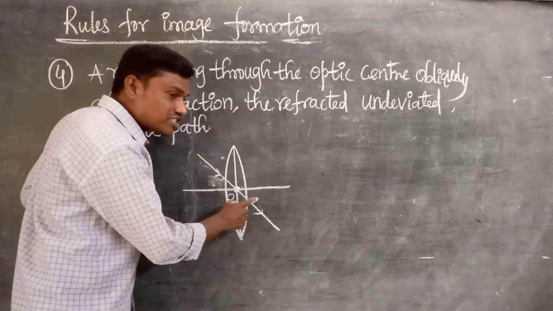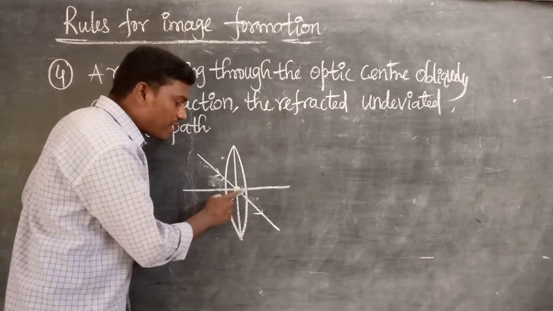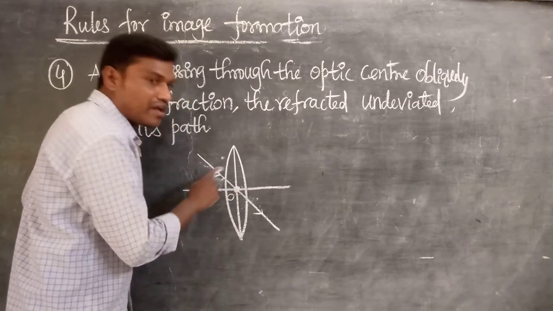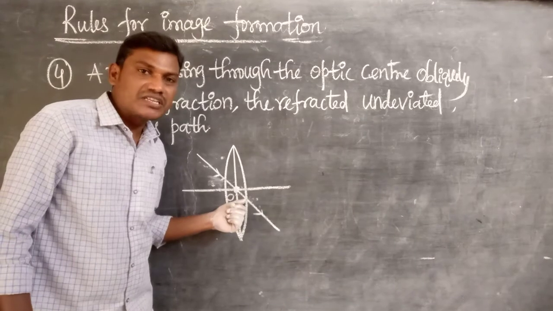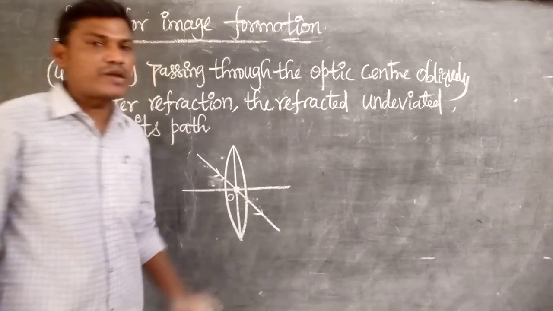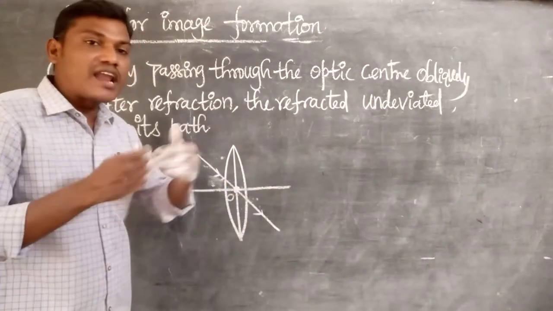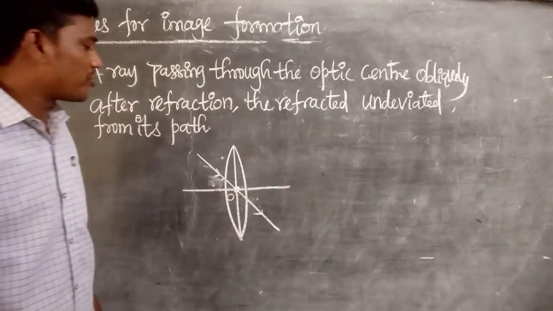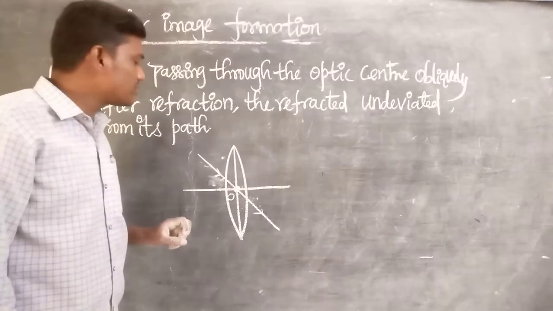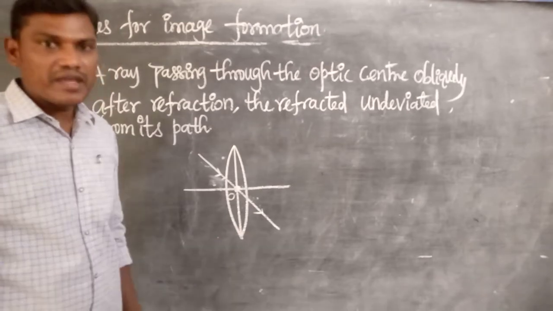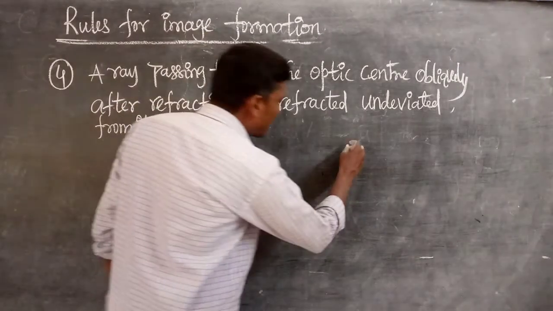But the deviation produced by the lens when it is passing through the optic center obliquely is very less, that is 0.01 millimeter. We cannot perceive it easily. That's why we neglect the deviation produced by that lens. Due to that, we say that after the refraction, the ray will be undeviated from its path.